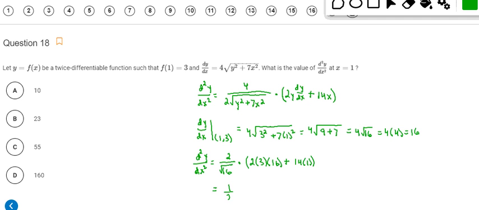Go ahead, simplify that to 1/2 times 2 times 3 times 16 is 96 plus 14. So we're looking at 1/2 of 110. And that equals 55. All right, that was a fun little problem right there.